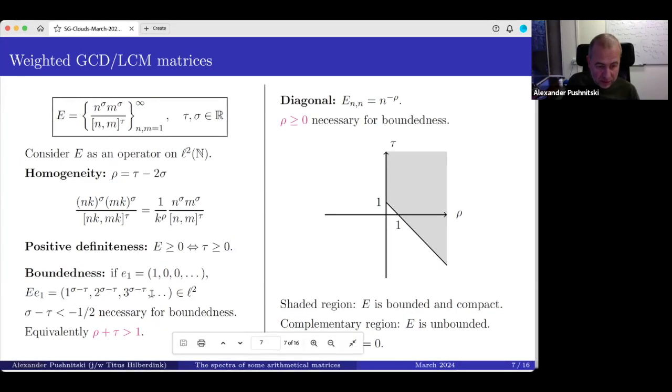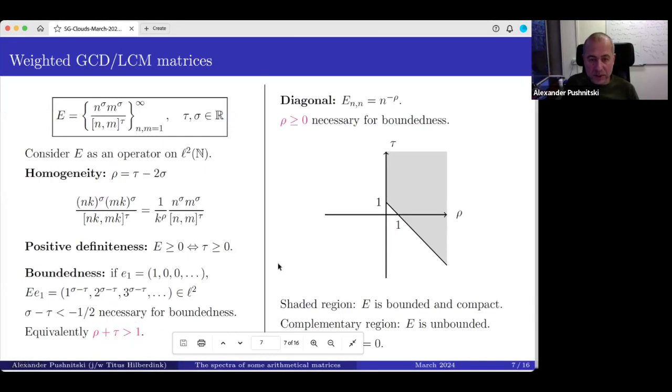So you get this vector. For this operator to be bounded, this thing had better be in L2. Otherwise, boundedness breaks down. This means that sigma minus tau has to be less than minus 1/2 for this to be square summable. If you rewrite it in terms of rho and tau, this becomes rho plus tau greater than 1. So that's a constraint for boundedness.